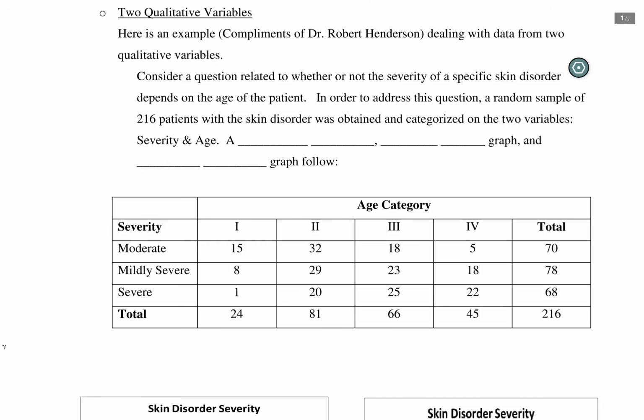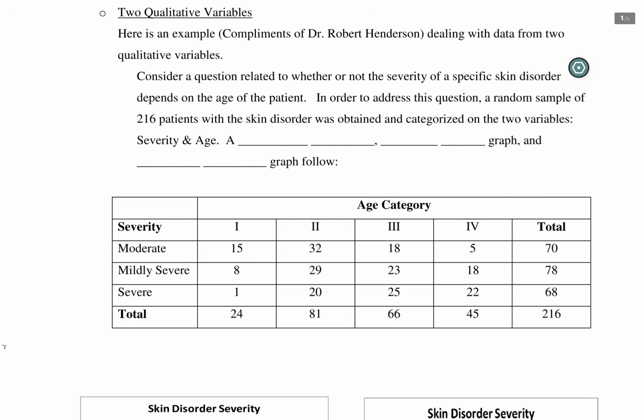So a patient comes in and say a nurse or a doctor classifies that person with a skin disorder as moderate, mildly severe, or severe. So the severity is one of the qualitative variables. The other qualitative variable is the age category. We've made it qualitative by forcing these categories here. Category 1, 2, 3, or 4. Okay, and so we have two qualitative variables here.